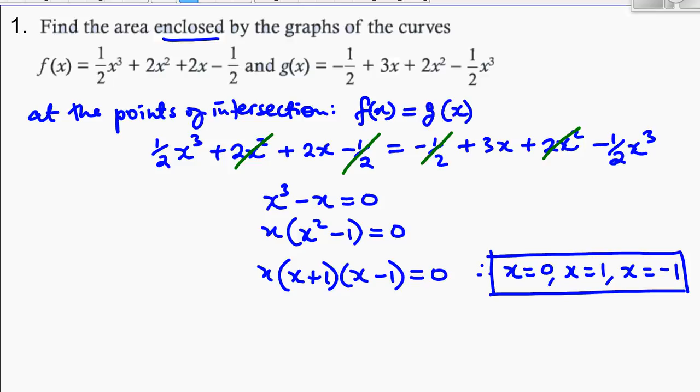Something else that we can use to sketch is by inspecting the behavior of these cubic functions.